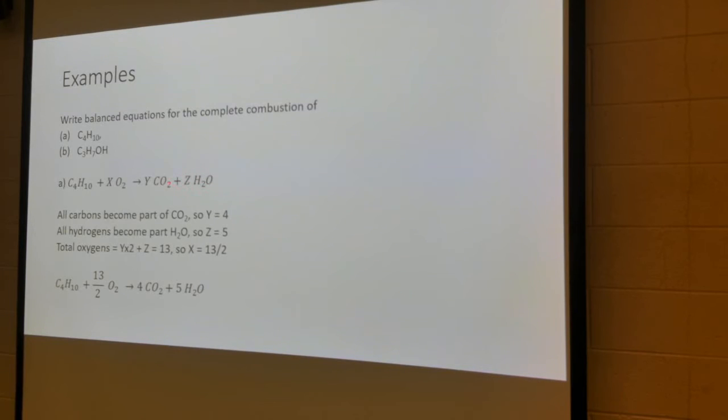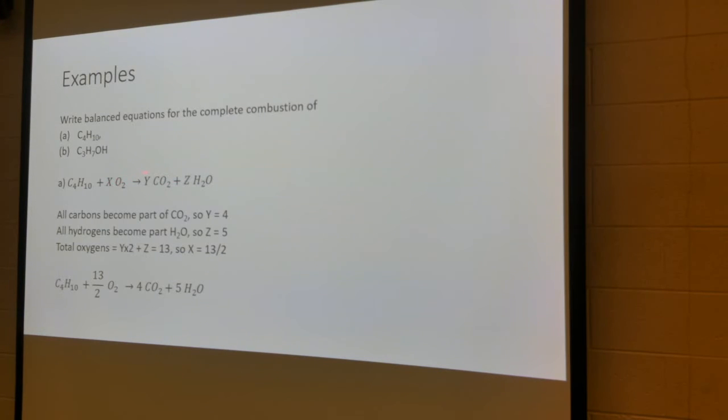If we look into the products, we have oxygen in both CO2 and water. So it's really hard to tackle the oxygen first, trying to solve for X, because the oxygen is divided between the two of them. So let's keep the oxygen for now.